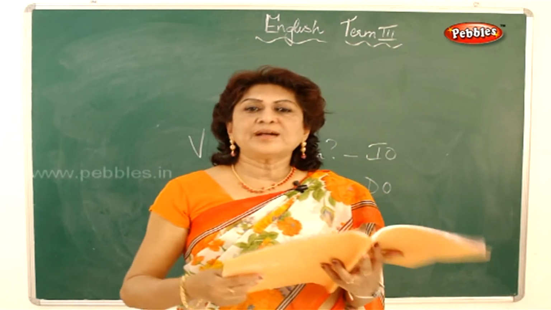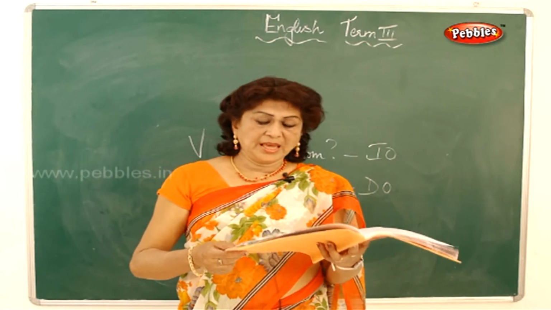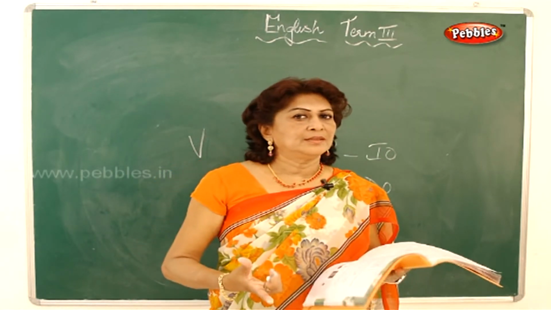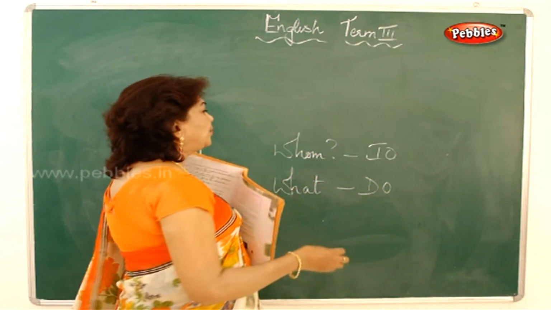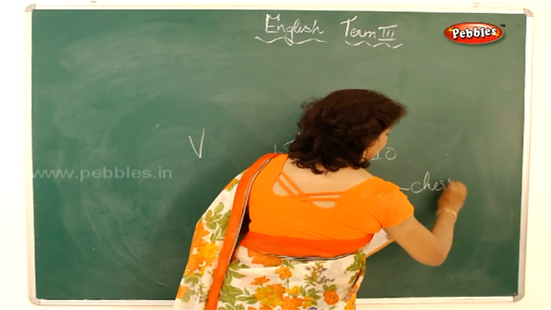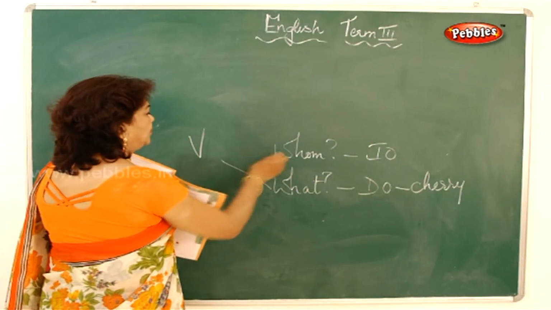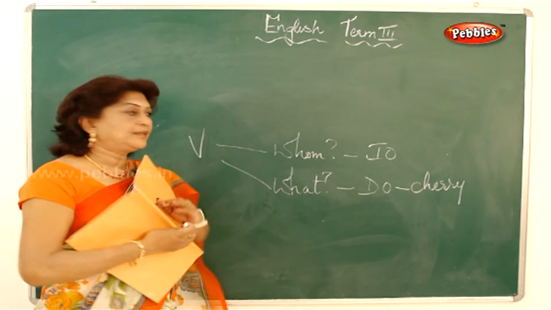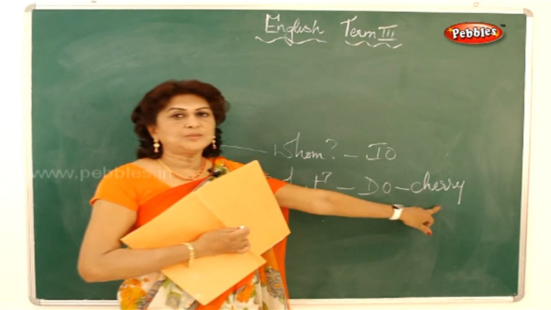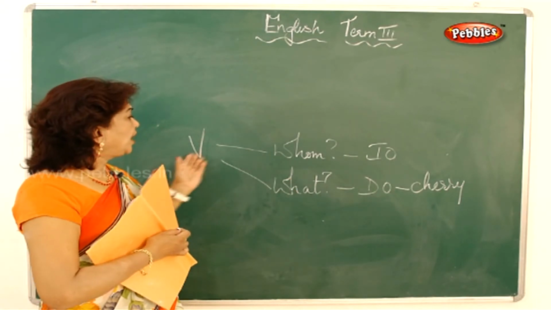Now ask the question. Which is the verb here? Gave what? A cherry. So cherry will be the direct object. If you ask the question what to the verb, the answer that you get will be the direct object. If you ask the question whom to the verb, gave whom?